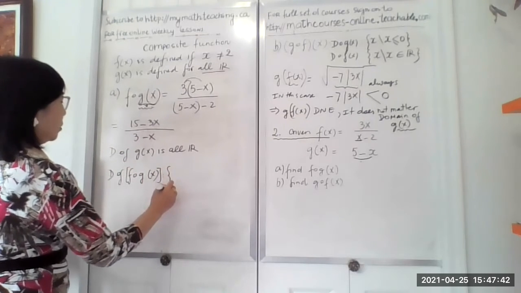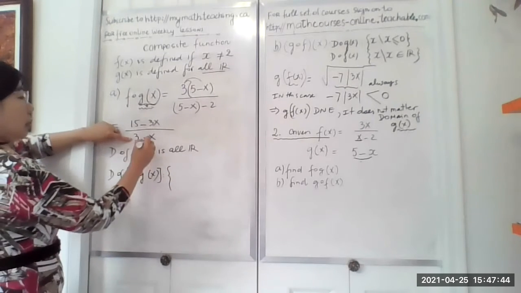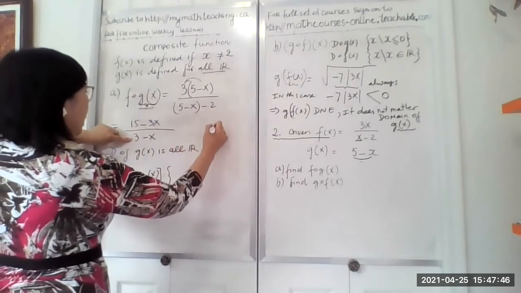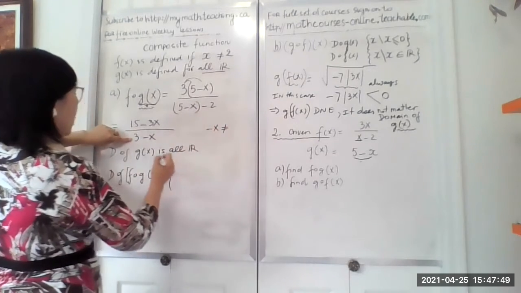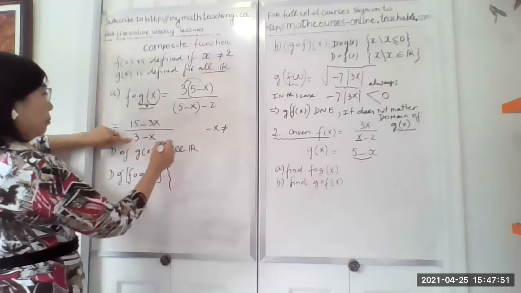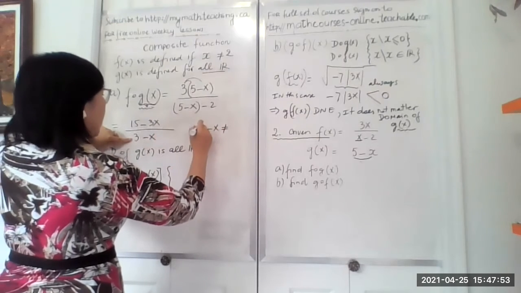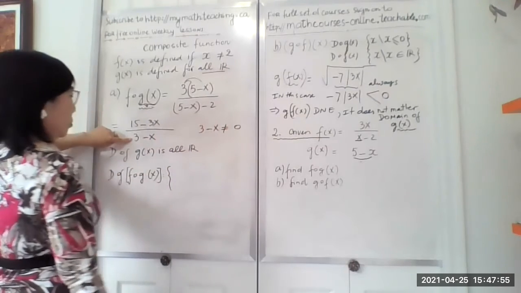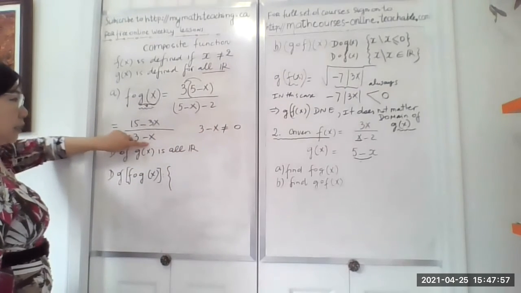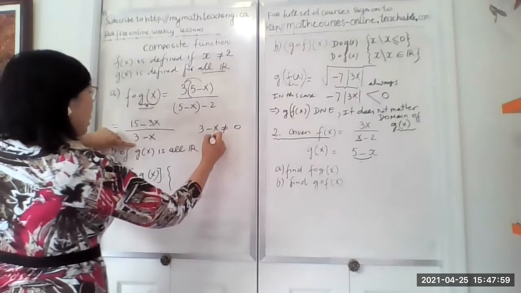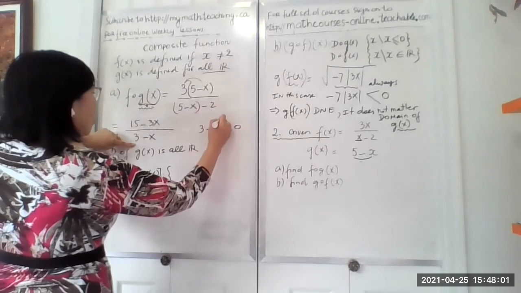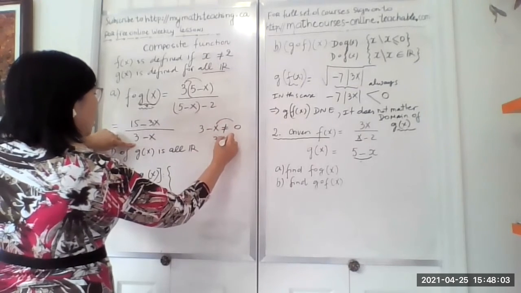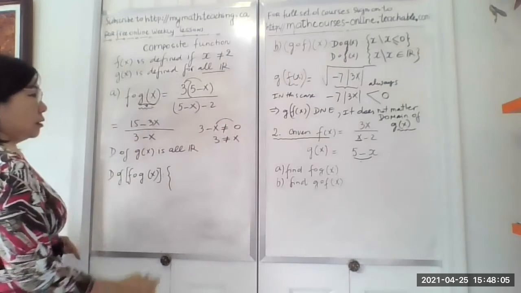So for this domain, 3 minus x cannot be 0, right? Down here, this cannot be 0. And therefore, moving it over, x cannot be 3.